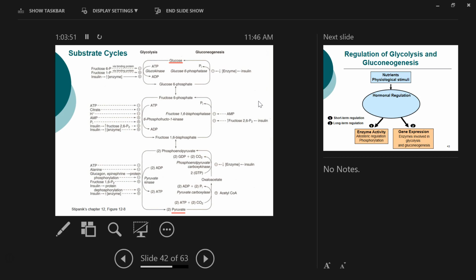And I think fructose 6-phosphate, fructose 1-phosphate, and citrate, and I guess mostly these substrates we're going to talk about later. You probably want to remember how these substrates regulate the key enzymes and the pathway activities, right? Any questions? So this just gives you the general idea about the regulation.